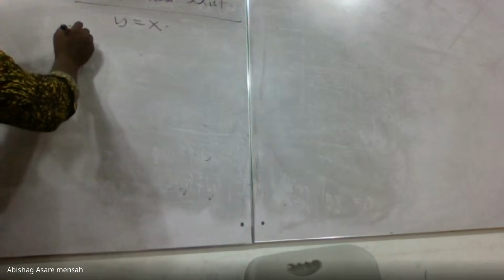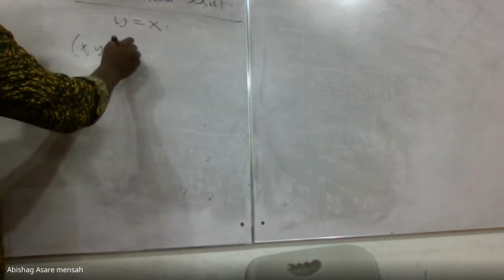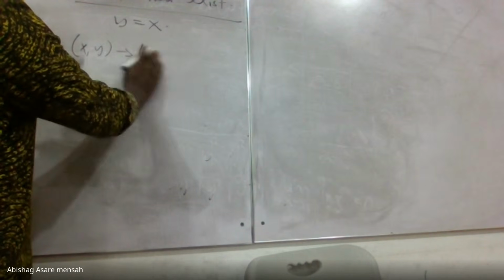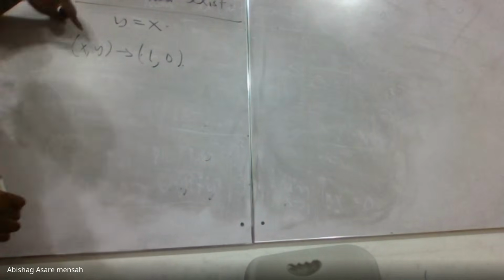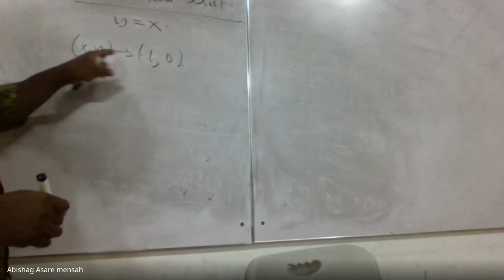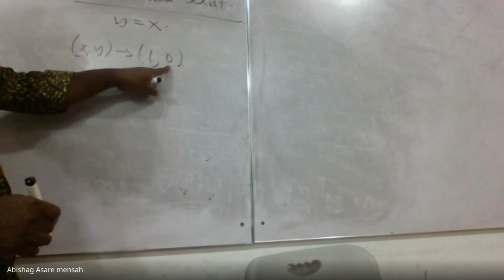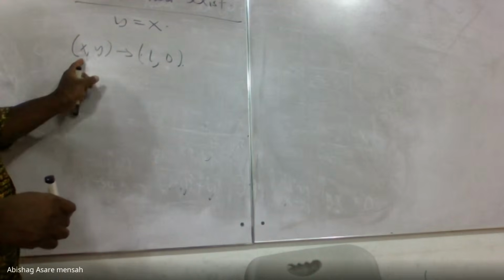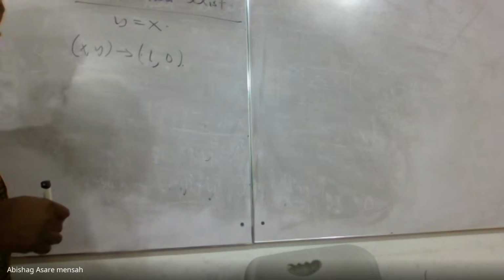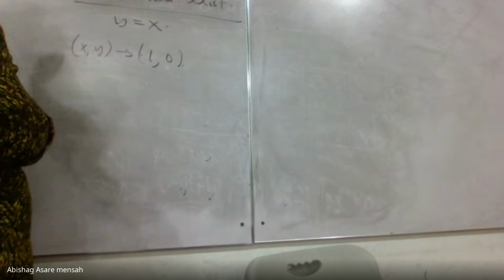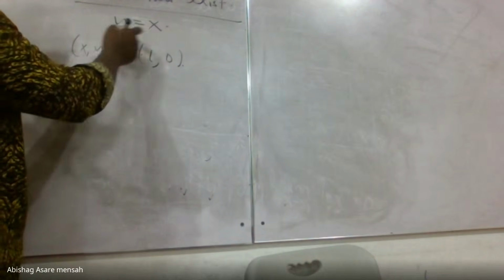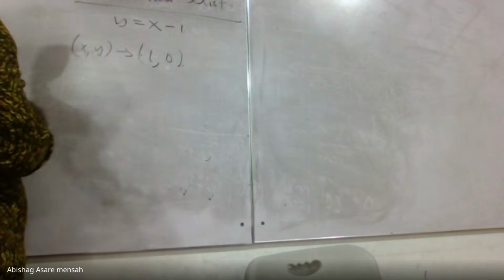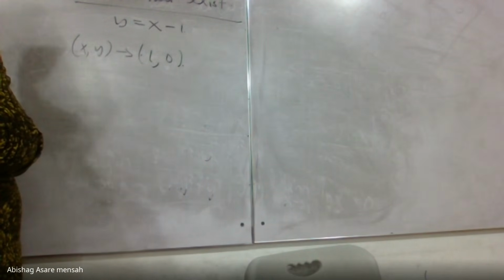Please look at the limit given. (1, 0). So when x is 1, y is what? 0. When x is 1, y is 0. So what would be y? If I say y will be equals to what? y will be equals to x minus 1. You agree? No, sir. Please come again.